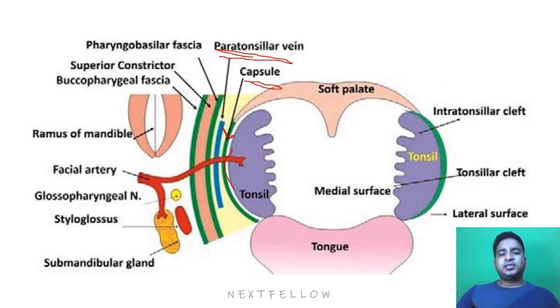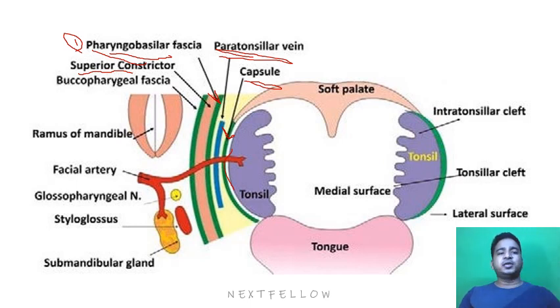Beneath this paratonsillar vein, the first layer of the pharynx comes, that is known as the pharyngobasilar fascia. You can see here it is written pharyngobasilar fascia. This is the first layer of the pharynx, clearly shown by the green line. Then comes the superior constrictor muscle, which is the main muscle forming the bed of the tonsil.